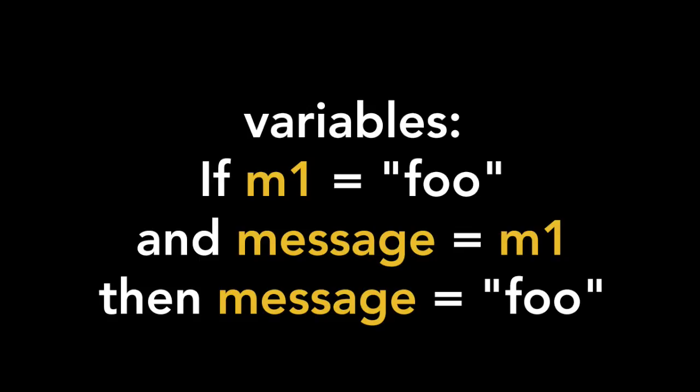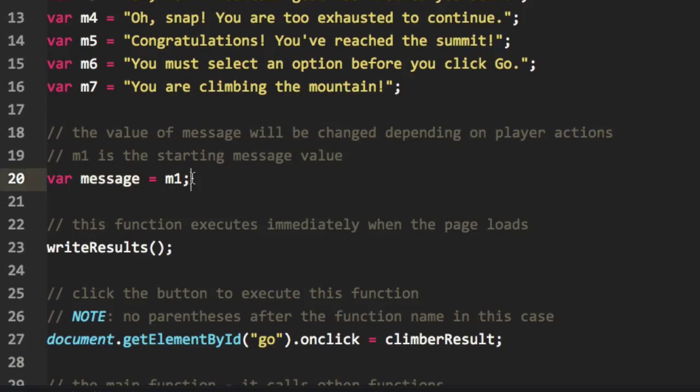Variables work like this: if M1 has a value of "you're at the base of the mountain," and so on, then that value will be placed into message as a result of this line. Later in the code, you're going to see message equals something else, possibly M6 or M7.